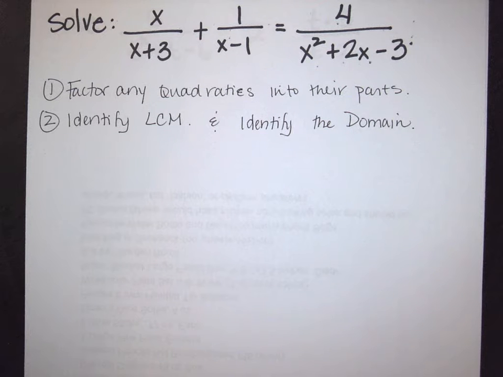Sometimes when we're solving, we end up finding what's called an extraneous solution, essentially meaning that value has violated your domain and thus cannot be used. So when we're talking about rationals, you might only have one solution even though you have the potential for more. So you have to identify that domain.